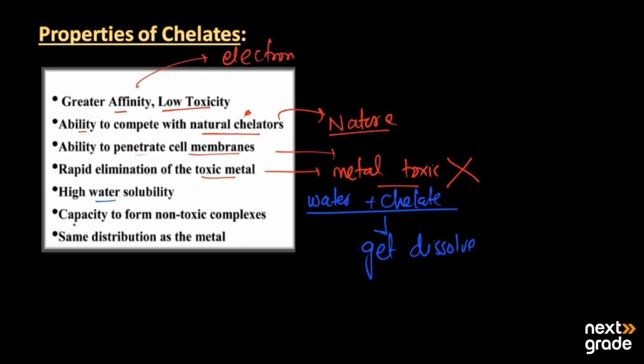The second last property is the capacity to form non-toxic complexes; the complexes they make are basically non-toxic. The last property is that they have the same distribution as the metals, meaning the electrons are distributed around it in the same way, with no change at all.